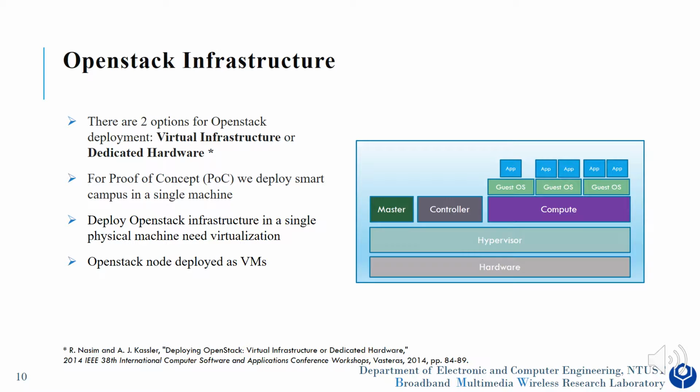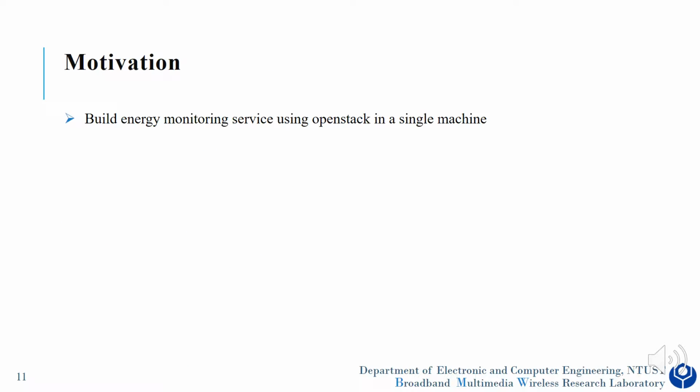In the virtual infrastructure, we deploy the OpenStack infrastructure, that is the master, controller, and compute node, as VMs running on top of the hypervisor. The motivation of this research is to build an energy monitoring service on top of OpenStack in a single machine.